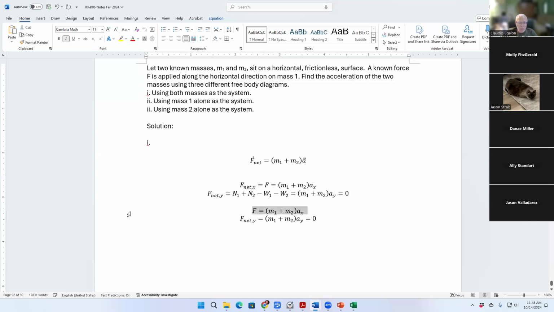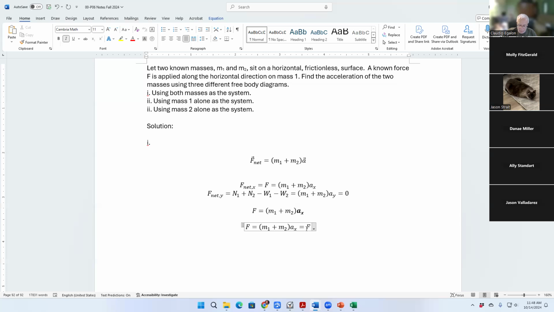But all we have to do is to worry about this guy here. Okay, so I'm going to neglect that for now. And if you need to go back to this one, we go back to this one. We want to find out the acceleration, and all you have to do is solve for a sub x. I already know that the acceleration along the y direction is 0, right?